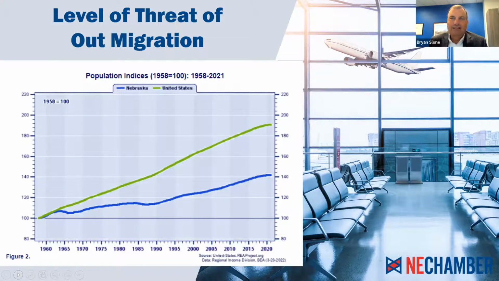We have 20 states now in the United States who are looking to develop a very low income tax rate, 3% or even down to 0%, in the next period of years to be competitive. That is going to become the table stakes. We at the current point have a 6.84% income tax rate and a little over a 7% corporate tax rate. So we do have a much greater threat of outmigration in Nebraska. Turn to the next slide, Jenna.